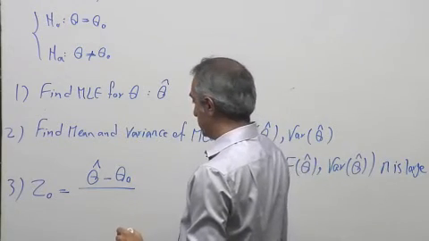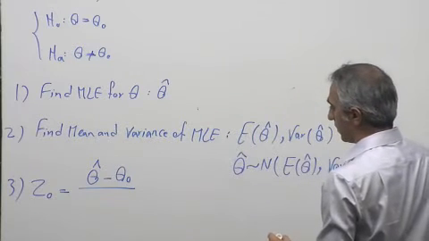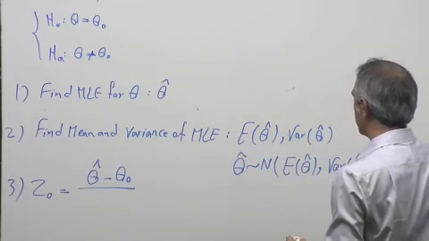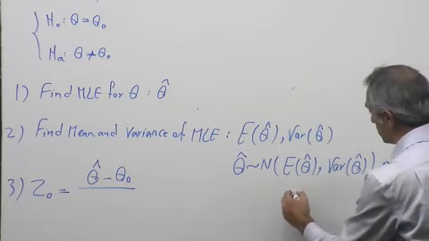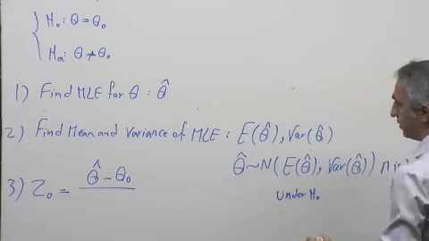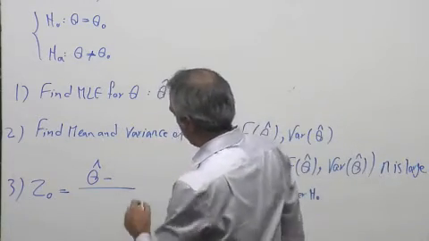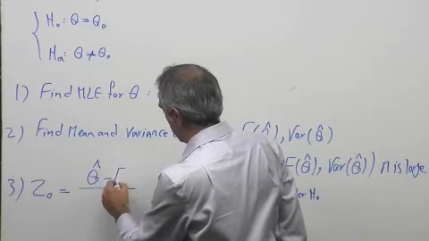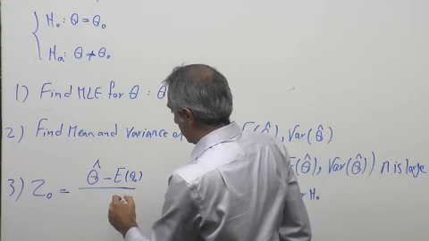or let's do this. So this is under H null. So I call this the expected value under H null. I don't know, this is not a good representation.